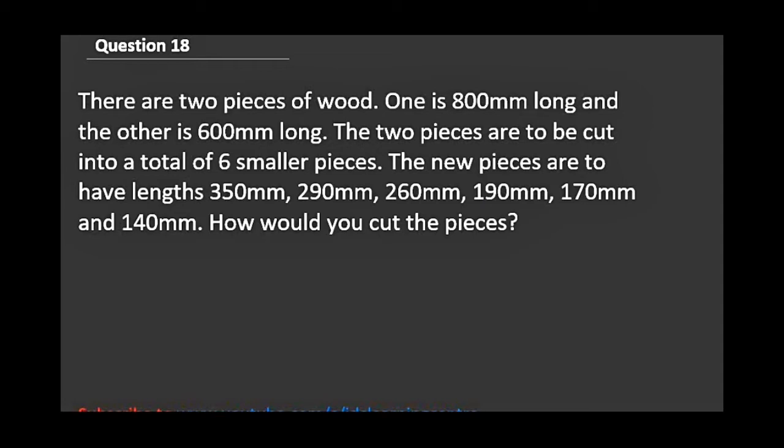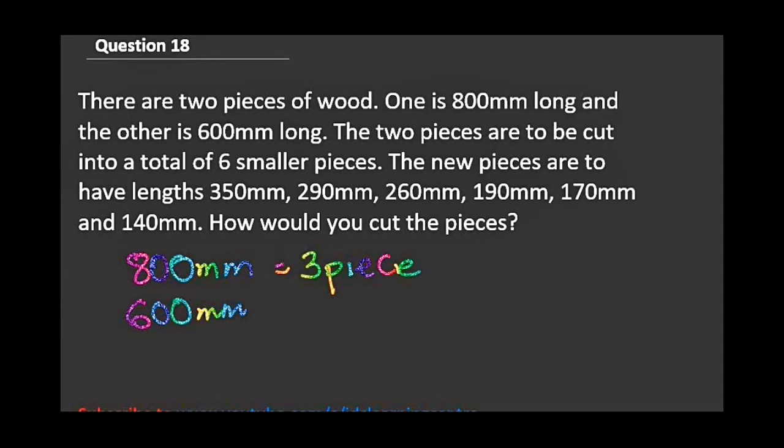How would you cut the pieces? Now, the two pieces of wood, one is 800 millimeters, the other is 600 millimeters. The two pieces are to be cut into a total of 6 smaller pieces. So we cut this into 3 smaller pieces, and then we cut this into 3 smaller pieces as well.